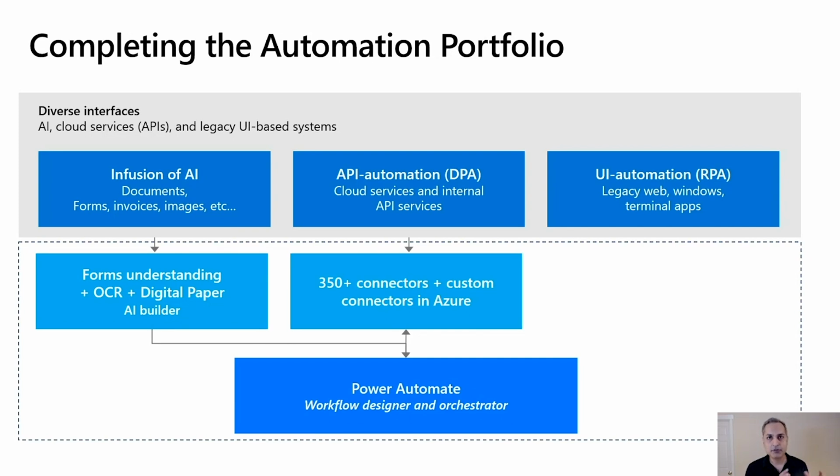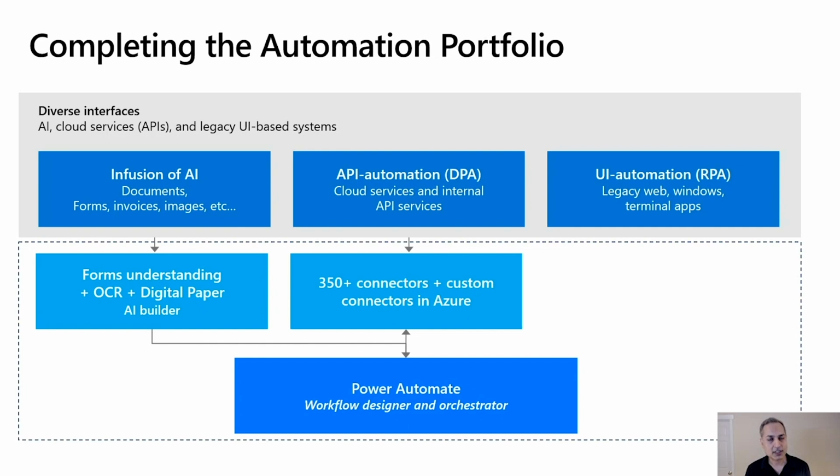On the left, you see first AI Builder. AI Builder is a component of the Power Platform, designed to apply AI to these business problems of extracting structure from unstructured content. The second is over 350 different connectors inside Power Automate to connect to Microsoft and non-Microsoft services. In fact, a quarter of the customers for Power Automate use it with non-Microsoft services.